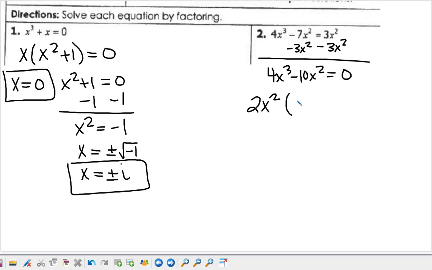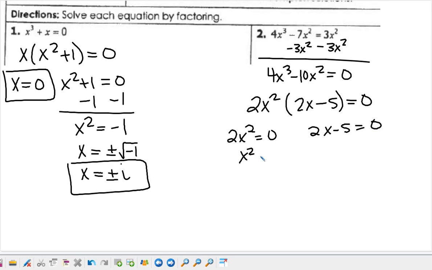So that leaves me with 2x minus 5. So I have 2 factors. 2x squared is equal to 0, and 2x minus 5 is equal to 0. So I have x squared is equal to 0. So x is equal to 0. And 2x is equal to 5. So x is equal to 5 over 2.